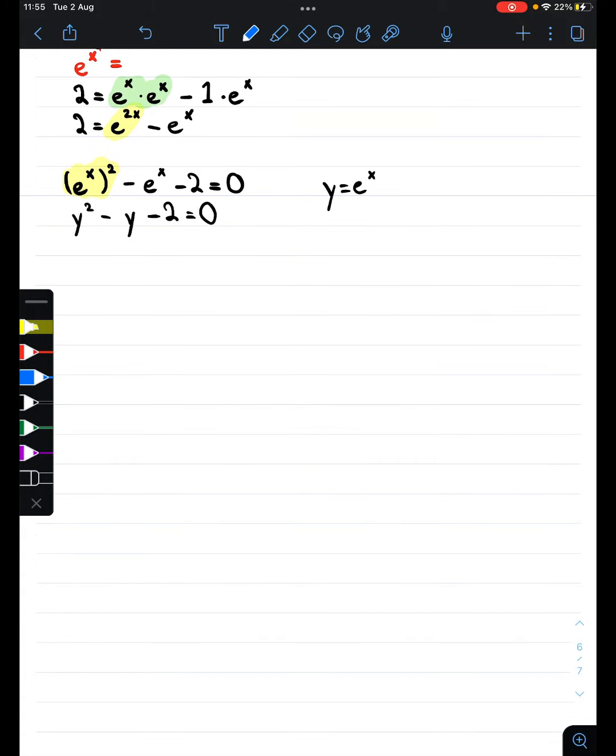So if we use our minus b formula, y equals minus b plus minus the square root of b squared minus 4ac, all over 2a. Well, a in this case is 1, b is minus 1, and c is minus 2.